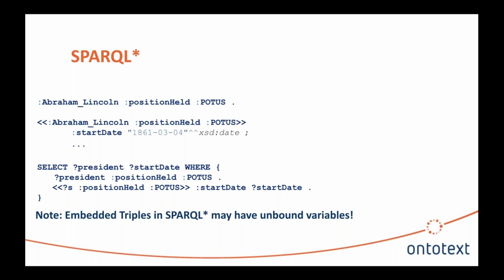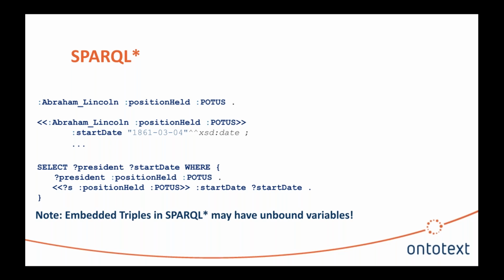Another feature which I want to show here is that although this looks like a constant, because typically if you have something in these brackets, it's a URI, SPARQL-star in its specification allows this to be an unbound variable, saying the subject may be a wildcard.